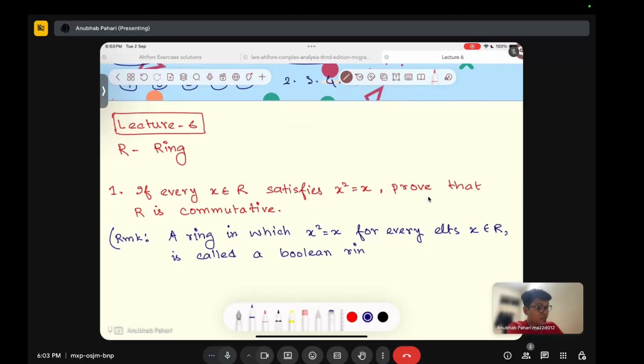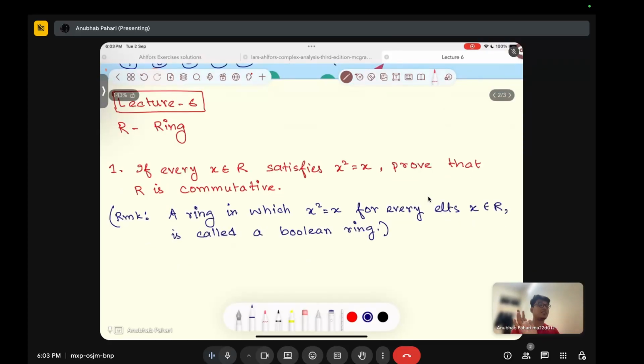So these kind of rings are important in discrete math, especially in number theory, combinatorics, computer science, graph theory.